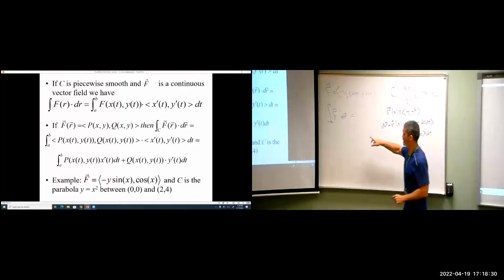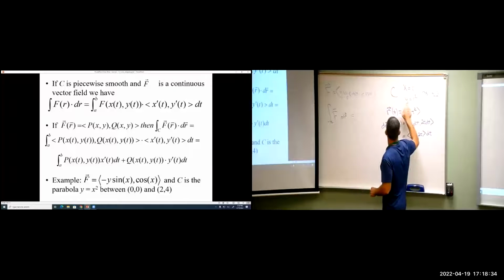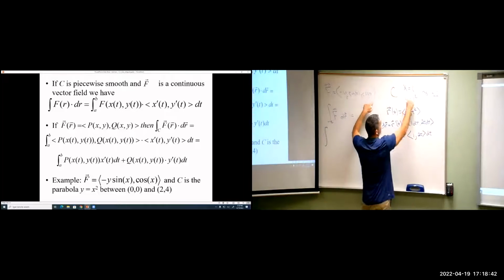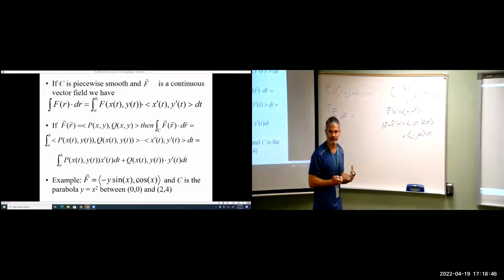The other thing that's part of this is F, except with our parameterization plugged in. So I'm going to take F, but I'm plugging this in terms of t. This is what makes this all a single variable integral.